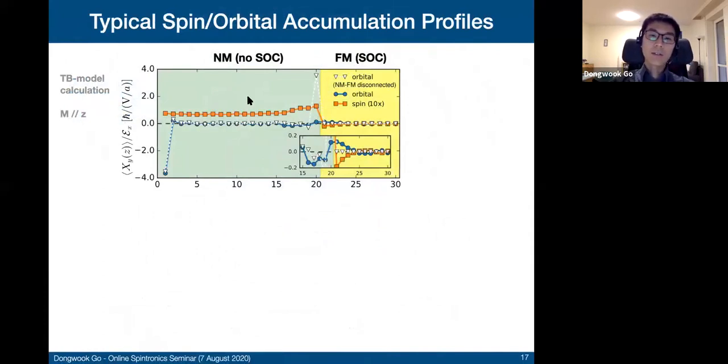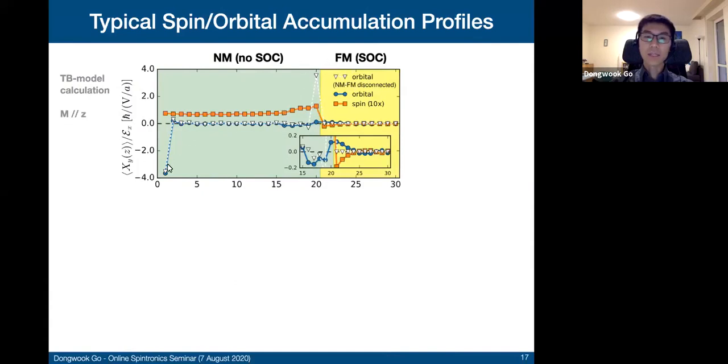And this is one result of our tight-binding model calculation. Here I consider a very simple model, 20 layers of non-magnetic layer and 10 layers of ferromagnet. I intentionally switched off all the spin-orbit interaction in the non-magnet and turned on spin-orbit coupling only in the ferromagnet. This white line shows the response of the orbital accumulation before I attached the ferromagnet and non-magnet.